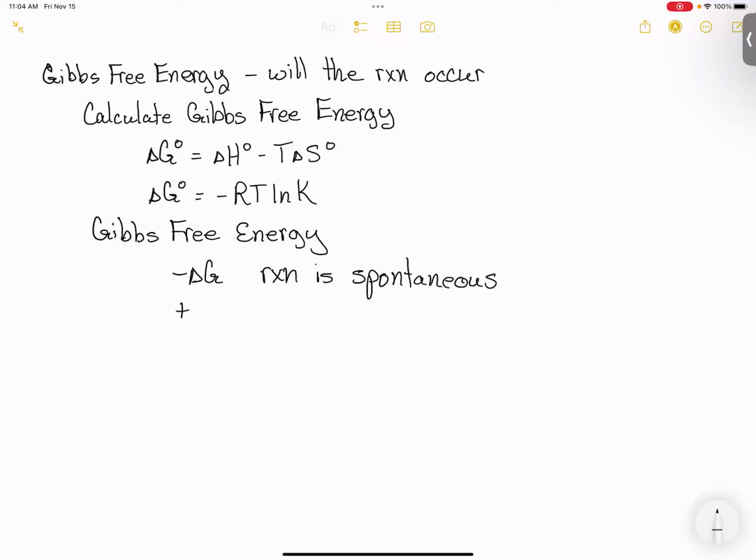If it comes out to be a positive delta G, that means that the reaction is non-spontaneous. And basically what that means is that you will have to either continuously add energy, add pressure, add something. In other words, you will have to continually alter the environment of the system in order for the reaction to occur.